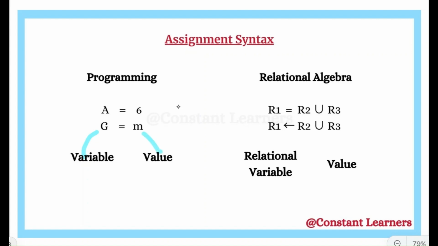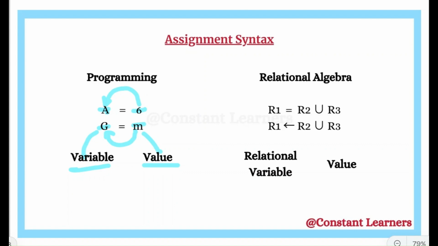So the elements on the right hand side are the values and the elements on the left hand side are the variables. So a is a variable that's being assigned the value 6. g is a variable that's been assigned the value of m. Right? So right hand side is the value and left hand side is the variable.